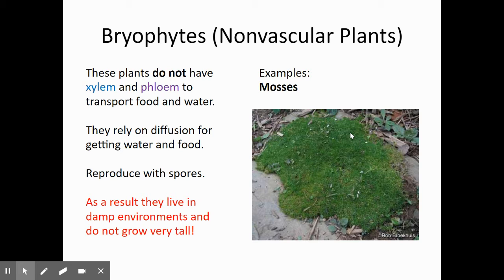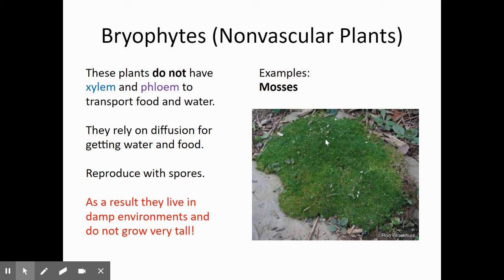And because they don't have a way to transport food and water, they don't grow very tall. In fact, those of you who are familiar with moss, they basically just grow on the ground. The other thing about our bryophytes, or our mosses, is that they reproduce using spores. Spores are their way of reproducing.